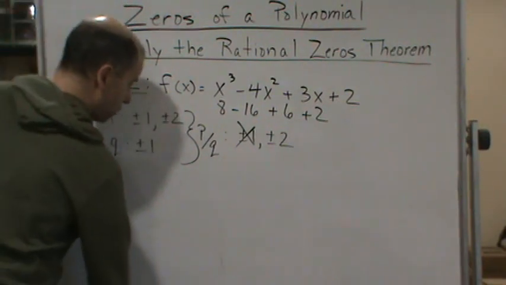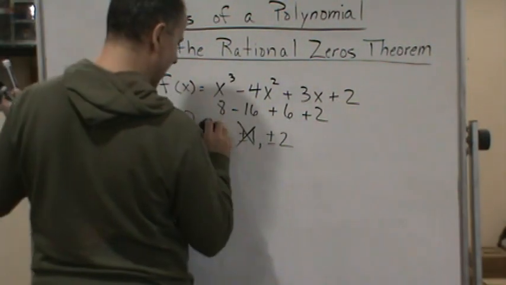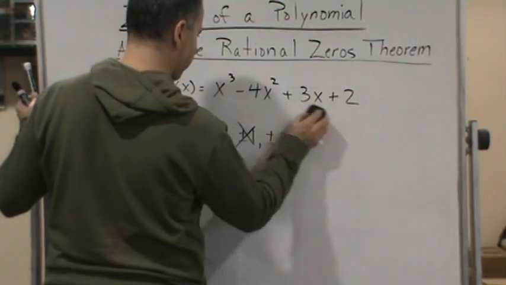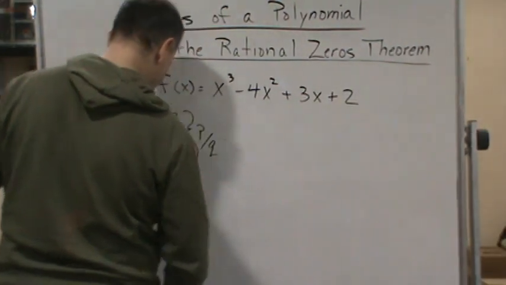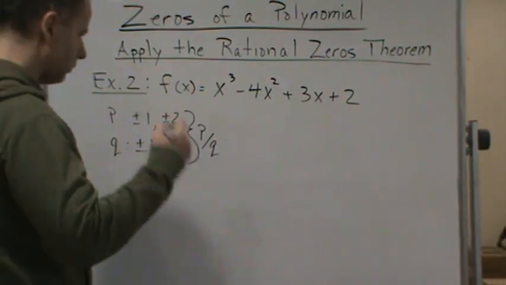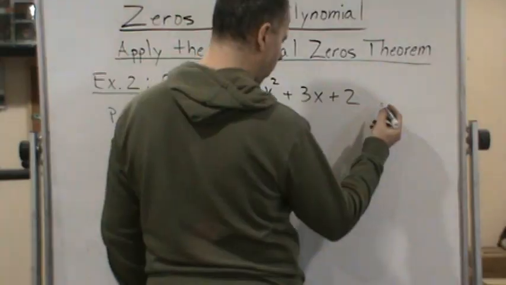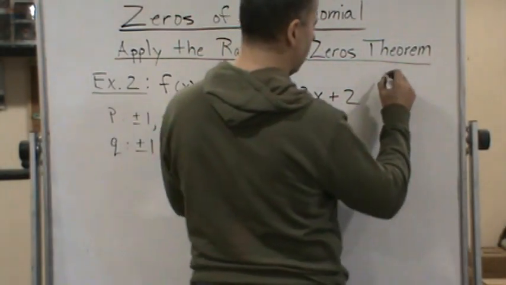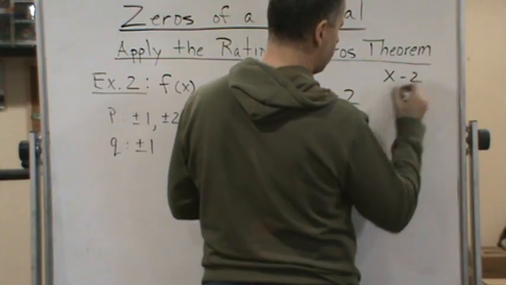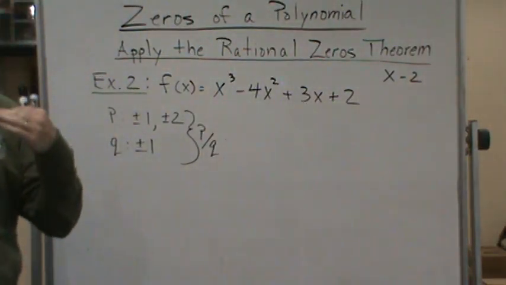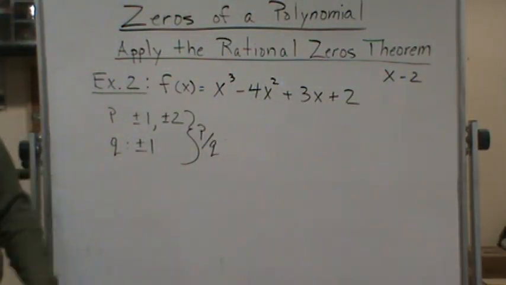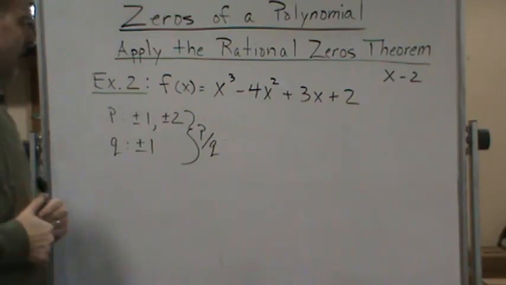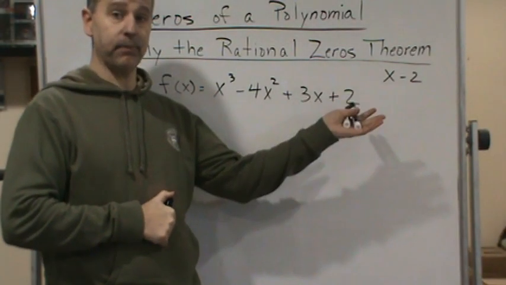All right, so 2 is a 0. Now, since 2 is a 0, that means x minus 2 is a factor. They want me to find all the zeros, but the great thing is now I've got a starting point.